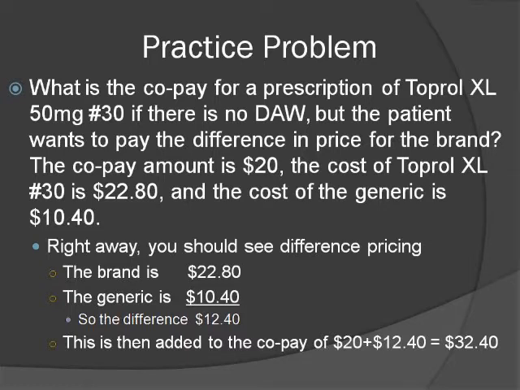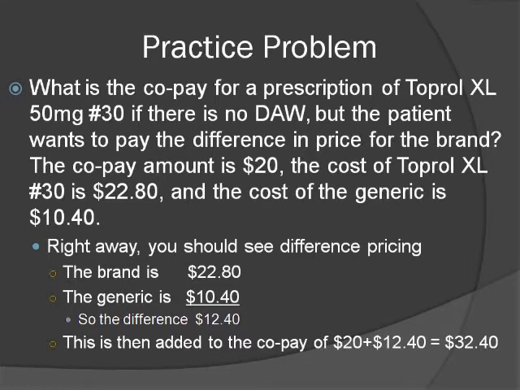The copay amount is $20, and the cost of the Toprol XL is $22.80. But the generic, the metoprolol, is $10.40. So right away, you should see the difference pricing that's needed. The brand is $22.80, the generic is $10.40.